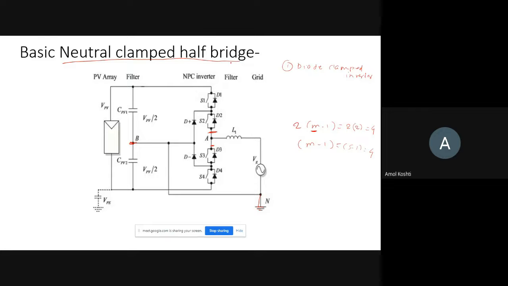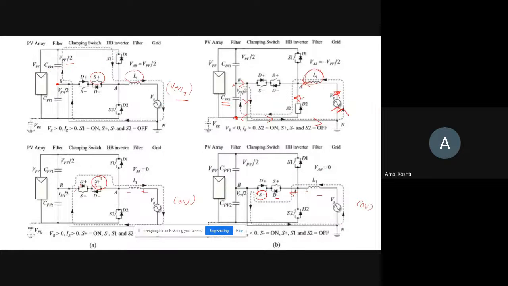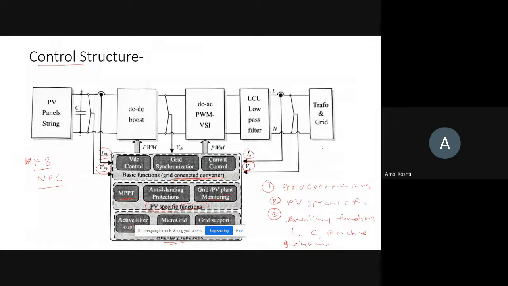By using these, we are producing a multi-level output, which was not in the full bridge inverter output. So the drawback of the full bridge inverters was eliminated in the basic neutral point clamped inverters. So this topic is finished here. There is nothing more to understand.